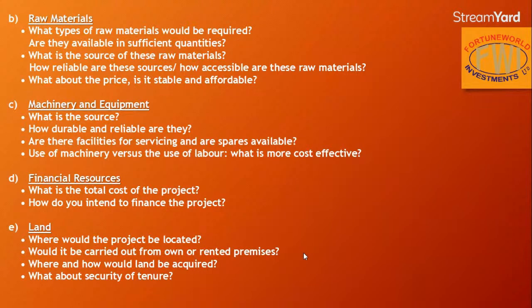Make sure that you identify where you are going to have this project. You identify how that place will be. Is it your own, or is it a rented premises or a rented piece of land? Then you also explain how you are going to acquire that land and the security of tenure.